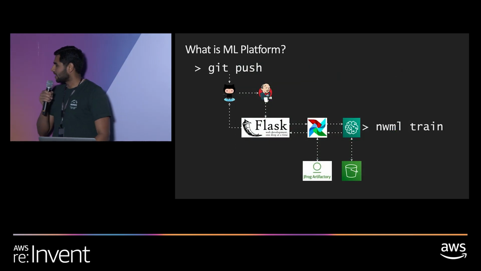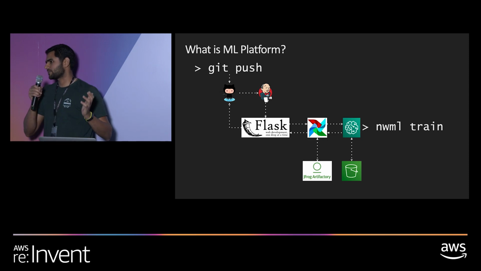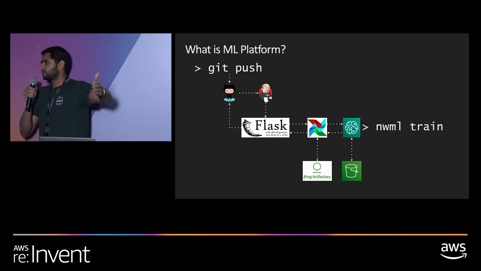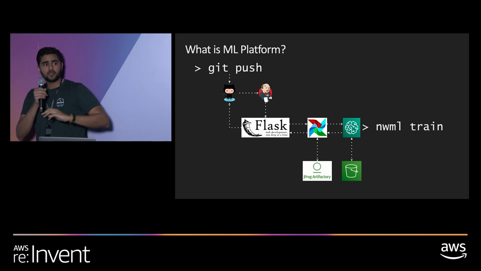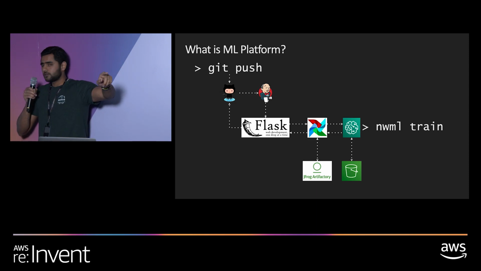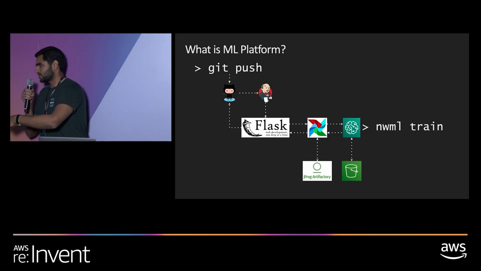Now, armed with that information, let's see what happens here. Git push triggers a Jenkins CI job that tells essentially our orchestrator or our metadata manager that, hey, we need to trigger a training job for this pipeline. Now that goes back and comments on GitHub, and it also performs orchestration with Airflow, which in turn triggers a job on SageMaker.